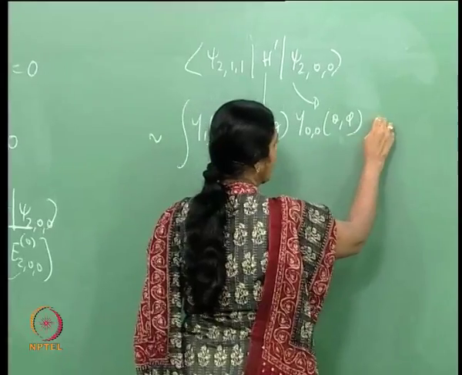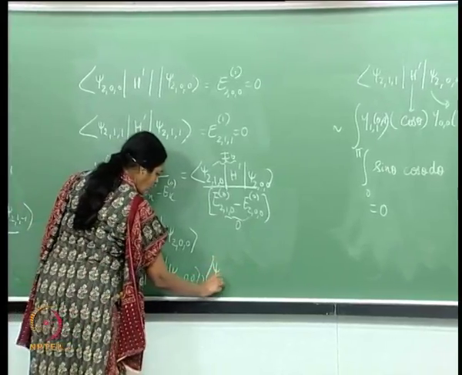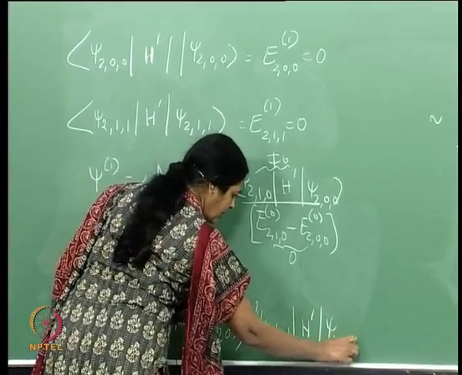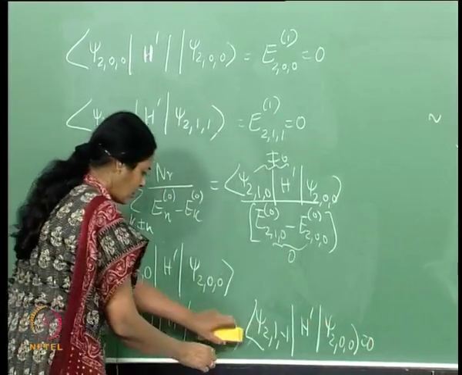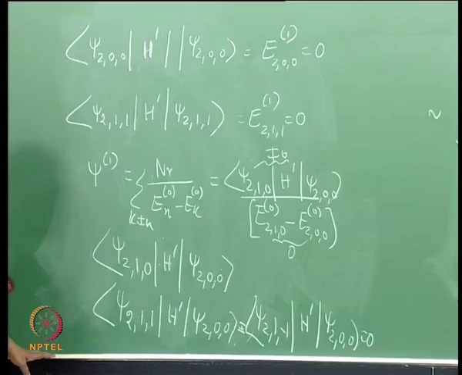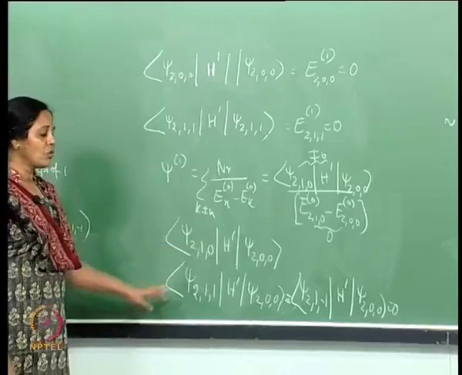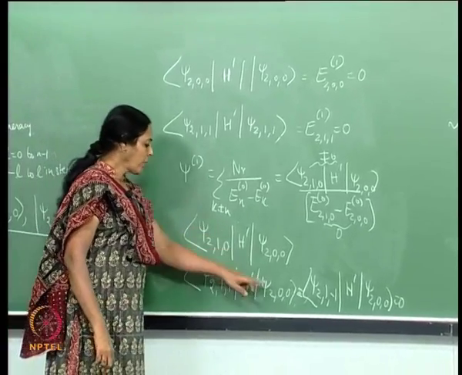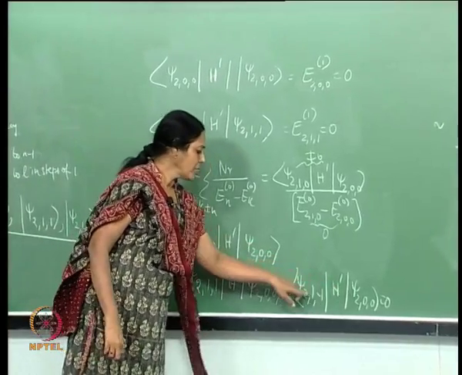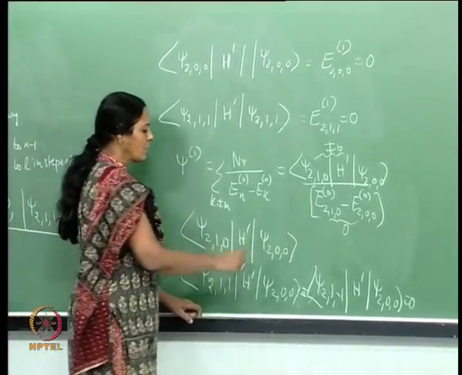Essentially, this amounts to integrating this over d omega, like psi 2 1 minus 1 H prime psi 2 0 0, that too is 0. So, these two terms turn out to be 0. So, as far as the state psi 2 0 0 and psi 2 1 0 are concerned, the problem does not come from elements which involve psi 2 1 minus 1 and psi 2 1 1, but this is the non-zero element.